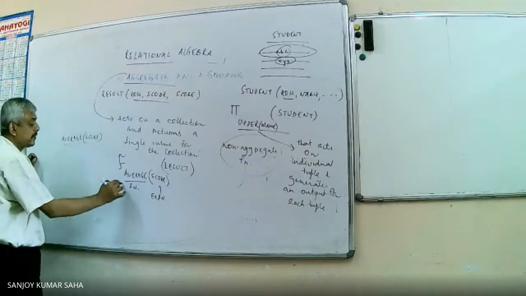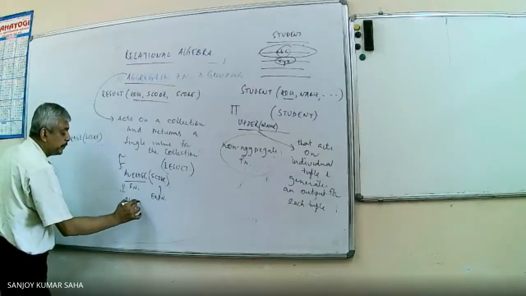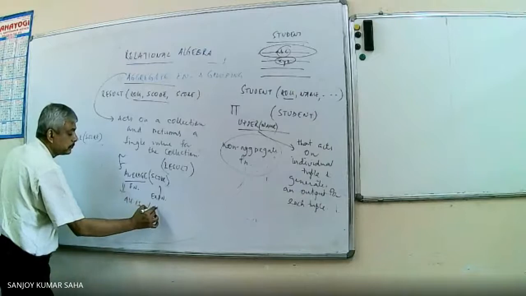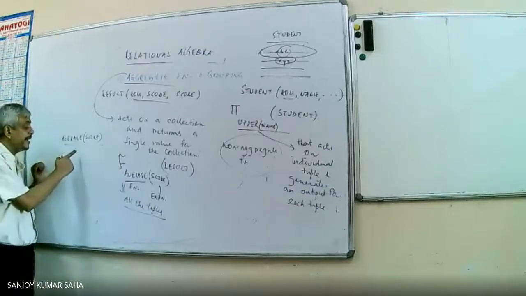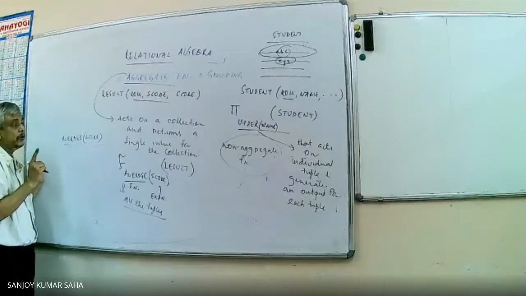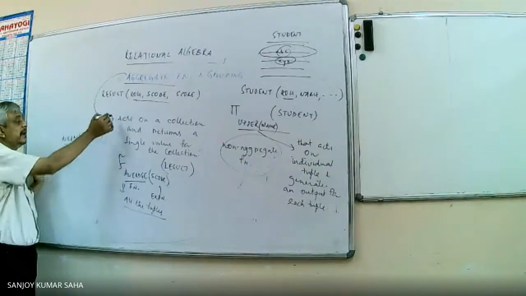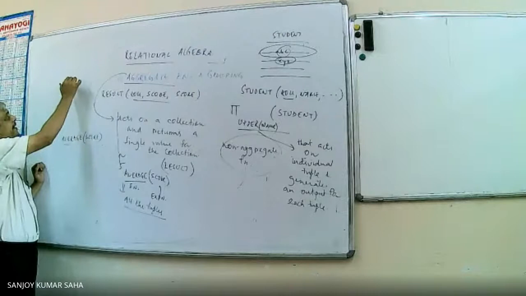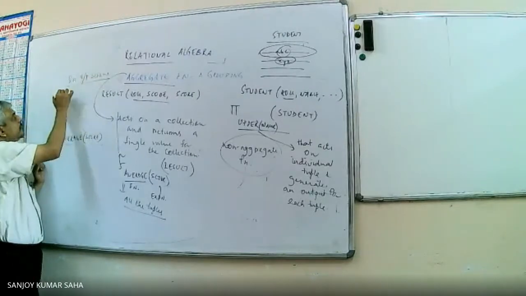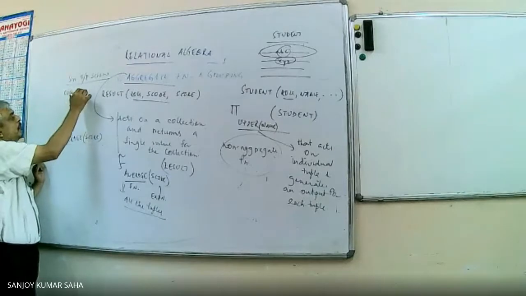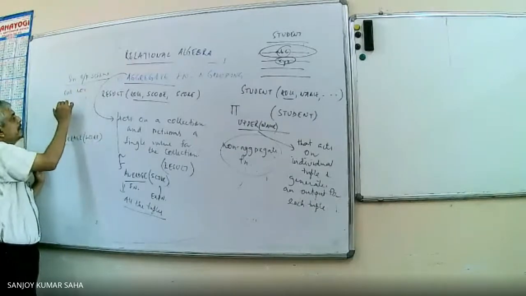Now what is the collection? Collection is all the tuples. So we will be getting only one row for the whole collection. In the output schema, one row or one tuple for the collection.